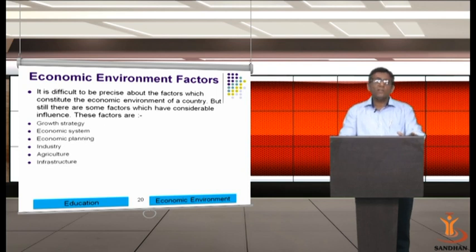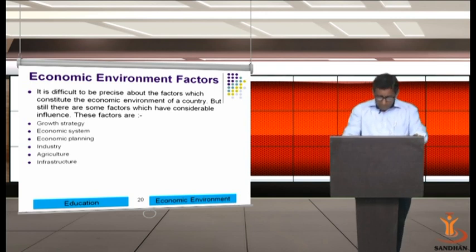Next is infrastructure. Infrastructure facilities are a must for the progress of the business, and this decides the business environment. So that also is one of the factors of the economic environment of the business.